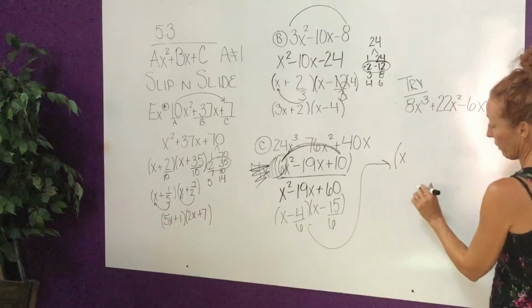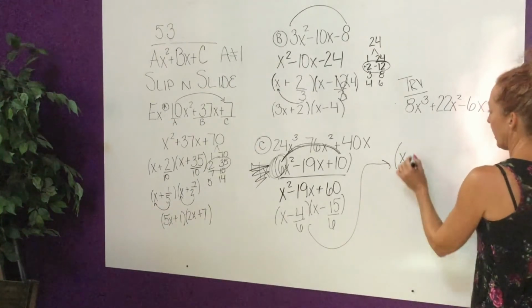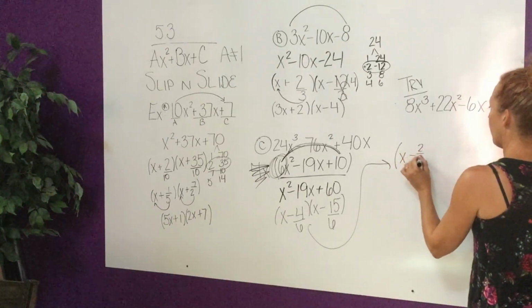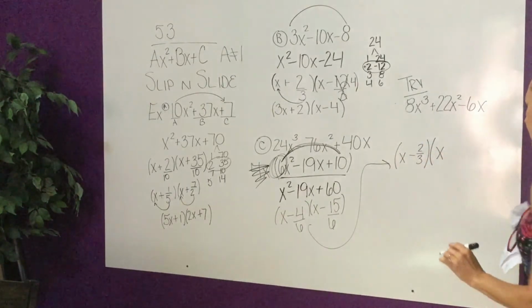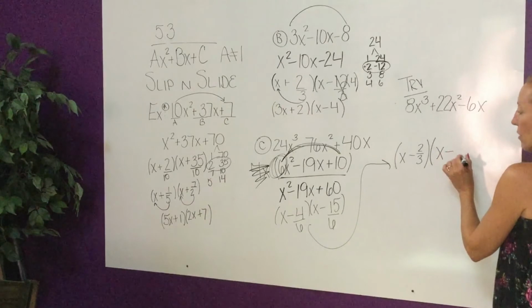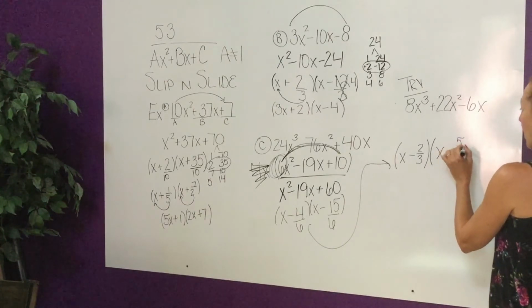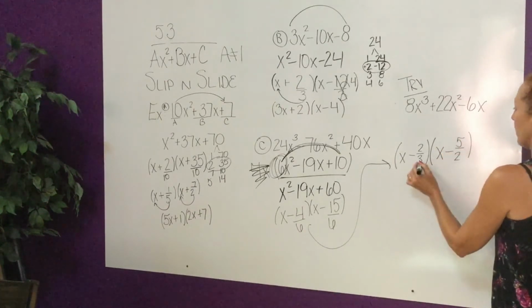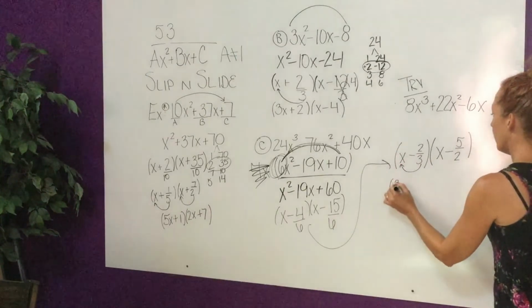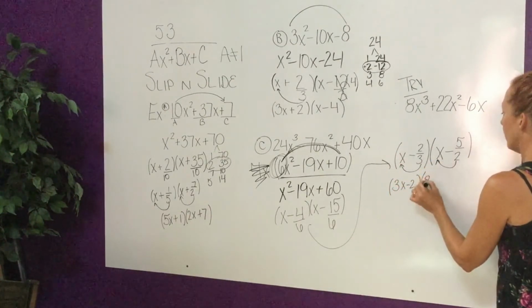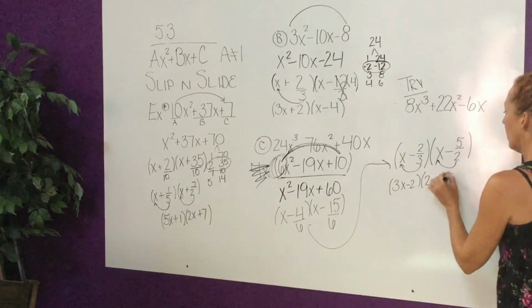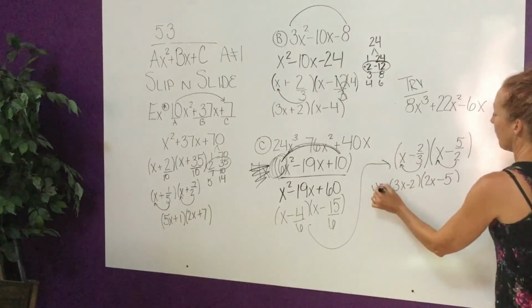So 4/6 reduces down to 2/3. 15/6 reduces down to 5/2. Slide that 3. Slide that 2. And now put that 4x back.